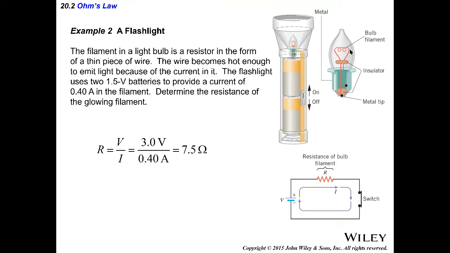If I put such a big voltage on this poor lamp, the power consumed by this filament would be V squared over R, or I squared R. But the R remains 7.5 ohms. The resistance, by the way the wire is made, is only 7.5 ohms.